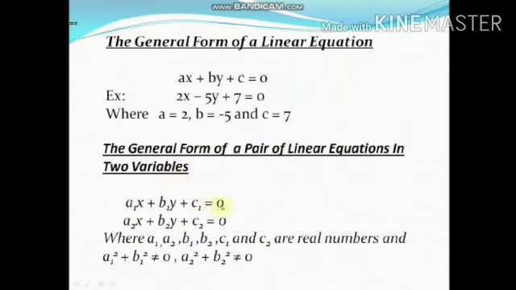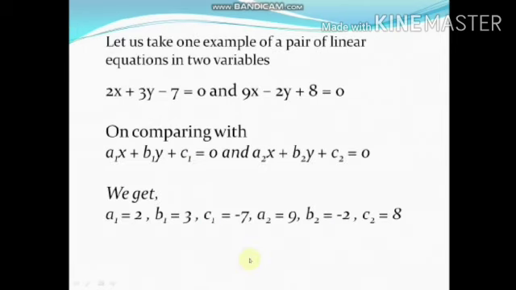Similarly, the general form of a pair of linear equations in two variables is a1x plus b1y plus c1 equals 0 and a2x plus b2y plus c2 equals 0, where a1, a2, b1, b2, c1 and c2 are real numbers, and a1 square plus b1 square not equal to 0 and a2 square plus b2 square not equal to 0. Let us take one example of a pair of linear equations in two variables: 2x plus 3y minus 7 equals 0 and 9x minus 2y plus 8 equals 0.